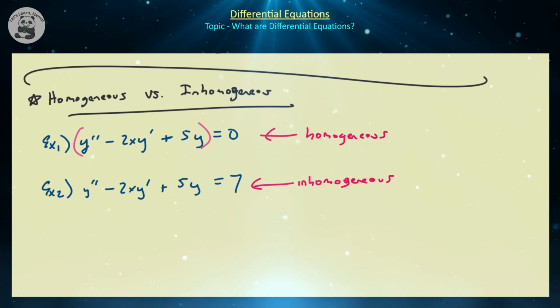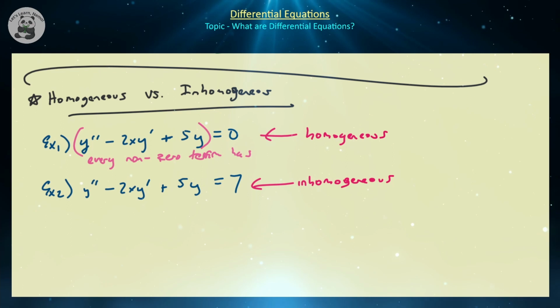In terms of the formal classification of homogeneous and inhomogeneous differential equations, every non-zero term in the first expression has our variable and the unknown function in it. Whereas here, this does not have x, this does not have y, it doesn't have x squared, doesn't have y to the third order, doesn't have anything like that.